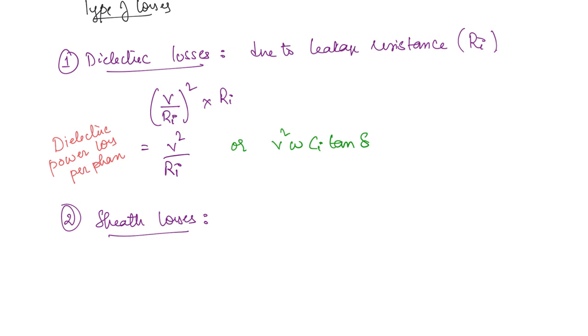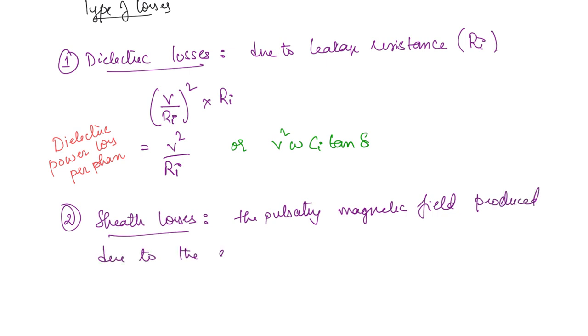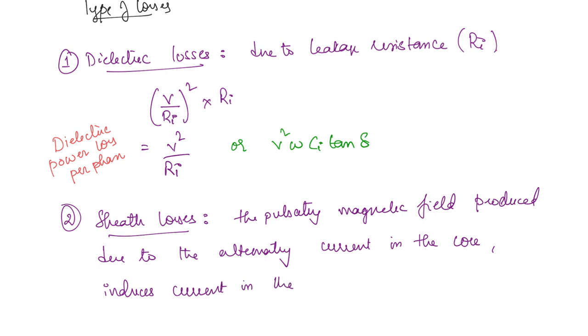So the pulsating magnetic field produced due to the alternating current in the core induces current in the sheath.